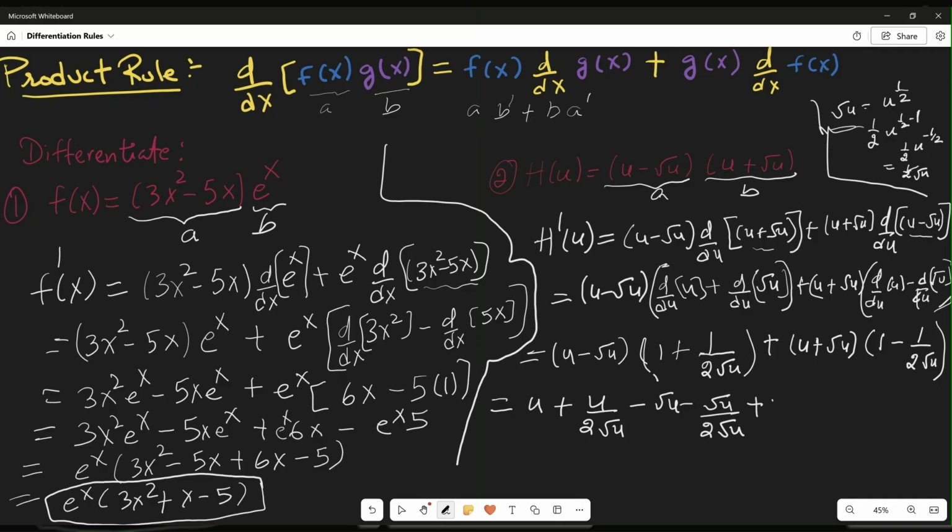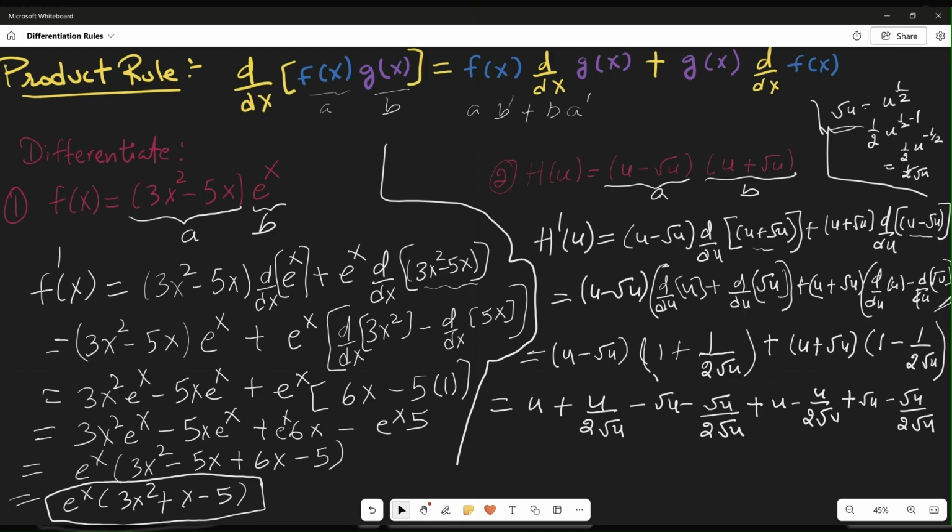So u, this is again u minus u over 2 square root of u plus square root u times 1 is 1. Sorry, square root u minus square root u over 2 square root u.